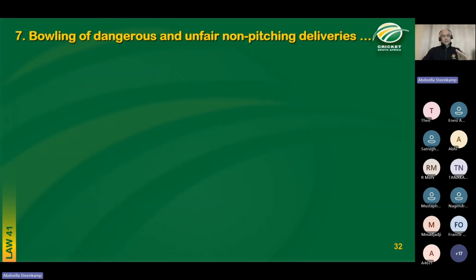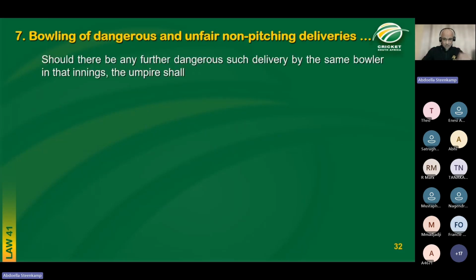So what happens if, in the same innings, the same bowler again bowls a delivery on the full, above waist height of the striker standing upright at the popping crease, and the umpire also deems that this delivery was dangerous and would have caused risk to the striker?